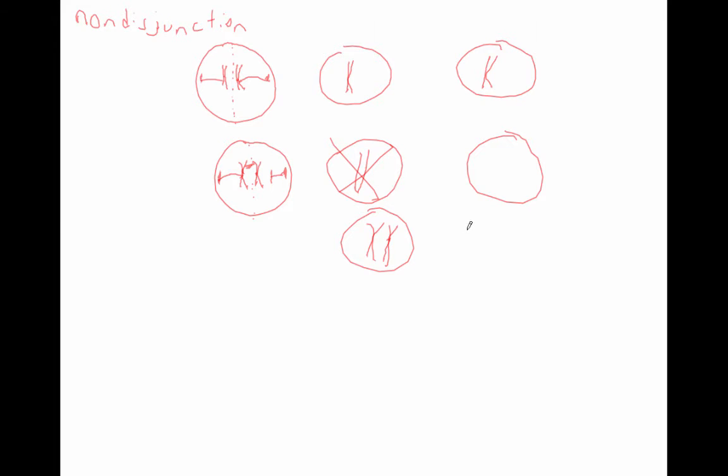Right. This is called nondisjunction. They fail to undergo disjunction. This result is called an aneuploid. So just know that nondisjunction is a failure for the chromosomes to separate during meiosis. This leads to an aneuploid.